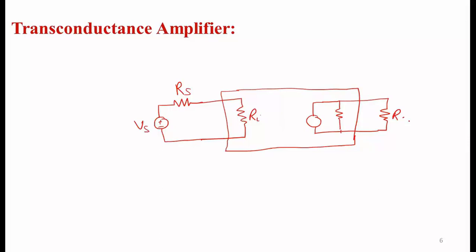This is RL and this is R0, and since this is a transconductance amplifier, we have the transfer gain GM here.